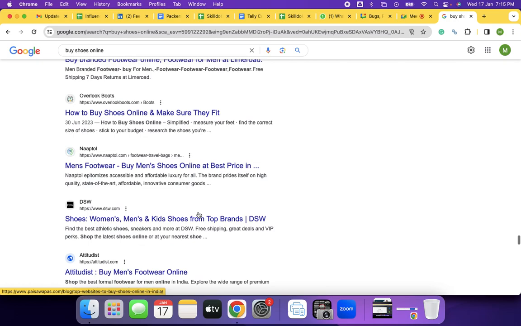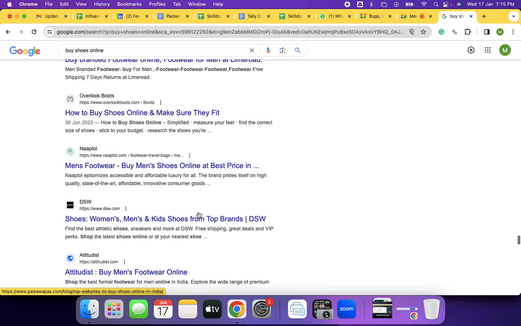Same way, there is something called click through rate. Click through rate is the rate at which people click on your website against the number of people who have seen your website. For example, 100 people are searching on Google and all 100 people have seen these websites, Myntra, Tata CLiQ, Amazon.